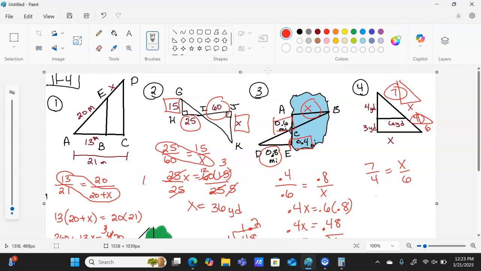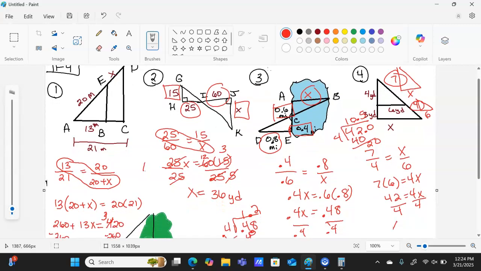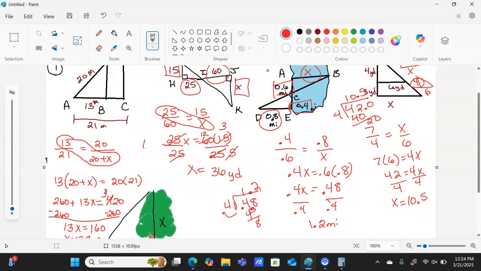So 7 times 6 equals 4 times X. 42 equals 4X. Divide by 4. 4 will go into 42 10 times with 2 left over. So if I add a decimal and a 0, I get 10.5. So X equals 10.5.